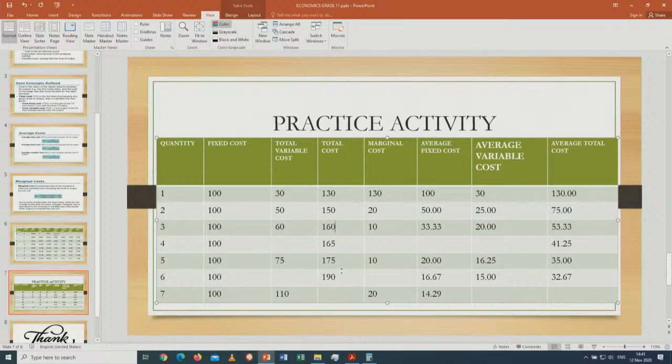Now what is short here? Remember what we did when we were calculating, we didn't have the fixed cost. Now we don't have the variable cost, but we have the total cost. But what did we say the total cost was? We said the total cost will be your variable cost and your fixed cost give you your total cost.